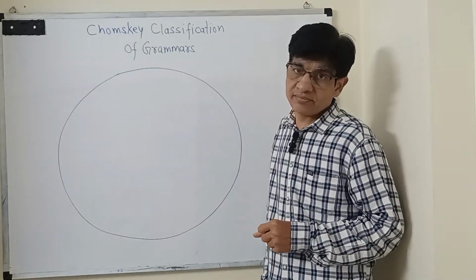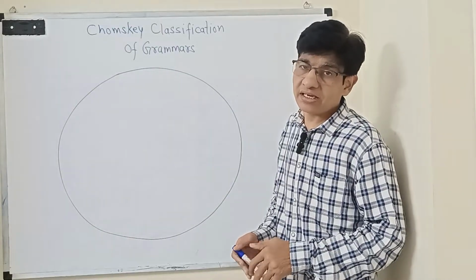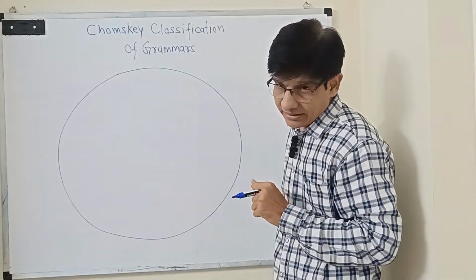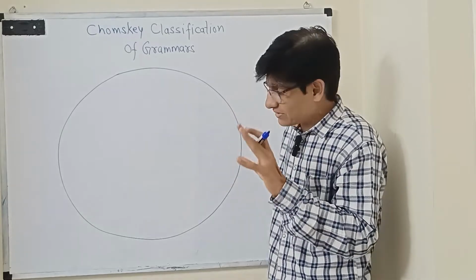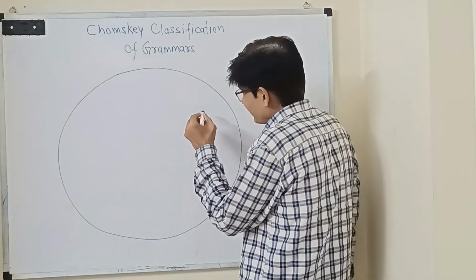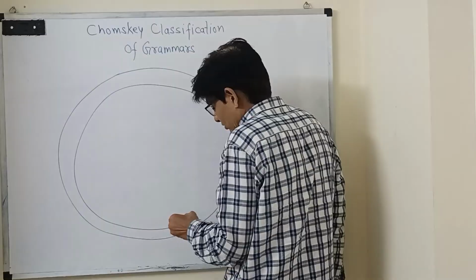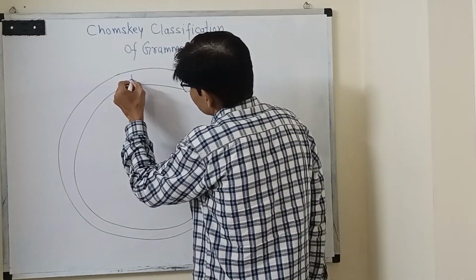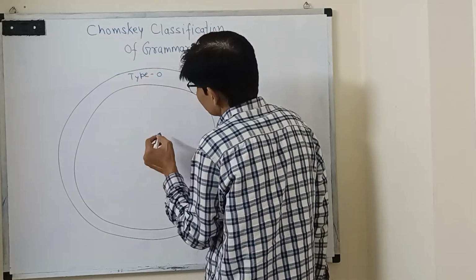So recursively enumerable languages, or the languages generated by unrestricted grammar, are the biggest set. Now, if we apply some restrictions on unrestricted grammar, we can create one more set. So this is type 0 grammar.